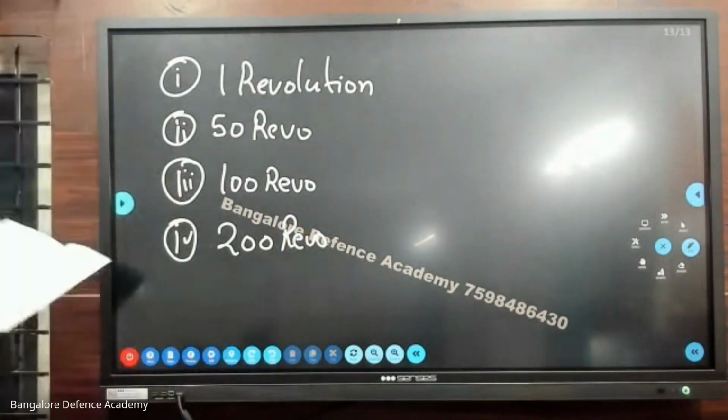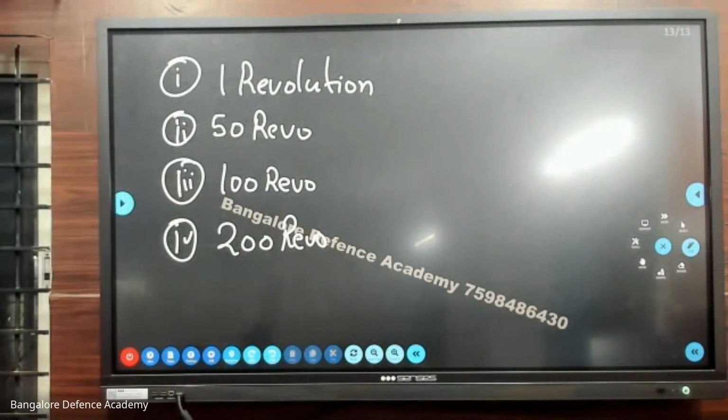A wheel is rotating. In 1 revolution, how much distance it traveled? Then you have to find out 50, 100 and 200.